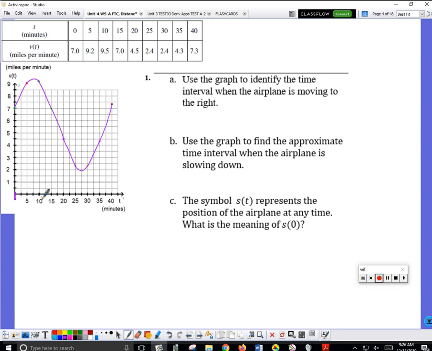Okay, let's talk together. Raise your hand when you have an answer for B. Go. It says to use the graph, so don't look at the table, look at the graph.